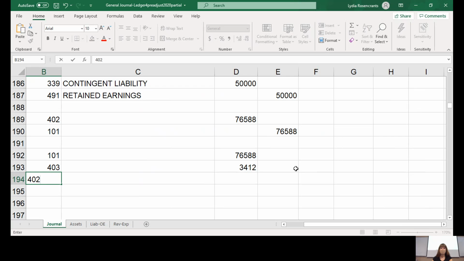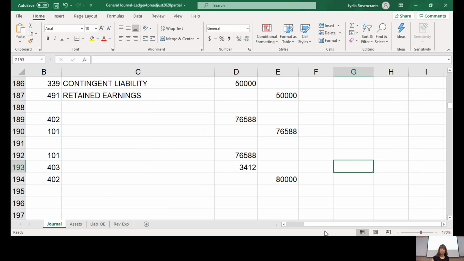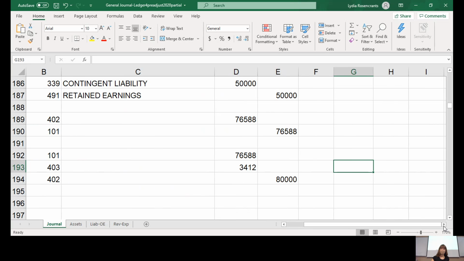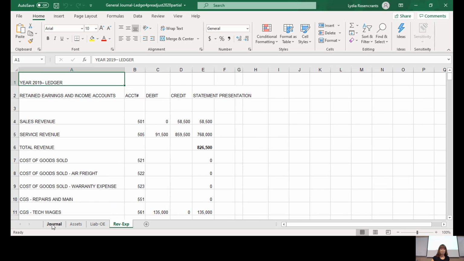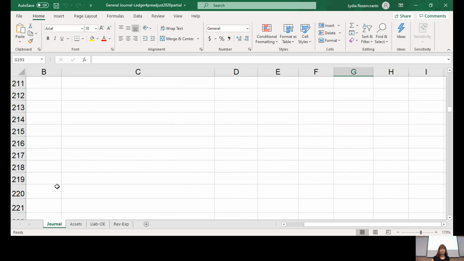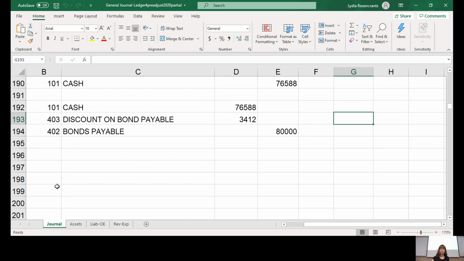Credit bonds payable themselves for $80,000. Pretty sure it's the bonds. And there it is. All right, so let's process that. Okay. That's what he should have recorded initially.